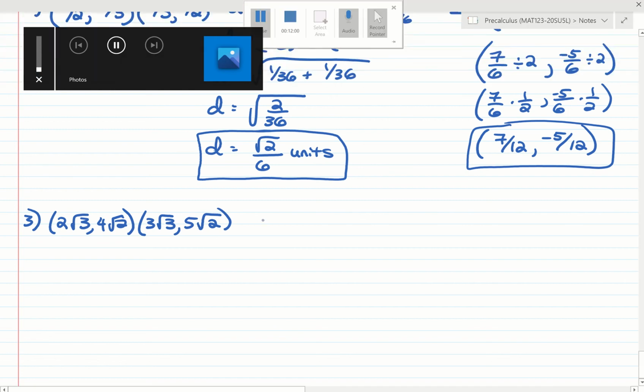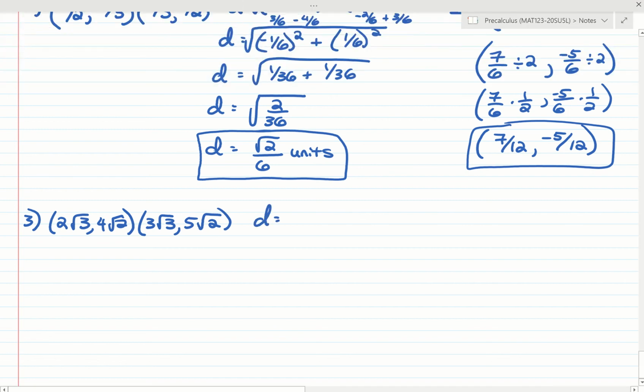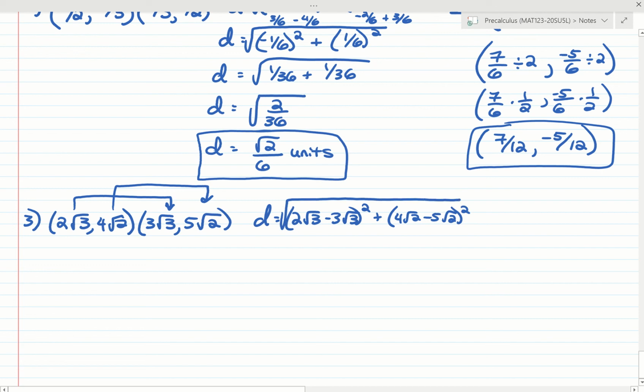Okay, so let's get our distance. The way we find our distance is we subtract them. So we're going to have 2 root 3 minus 3 root 3, and we'll square that, plus y values, 4 root 2 minus 5 root 2, and we'll square that. Take the whole square root.